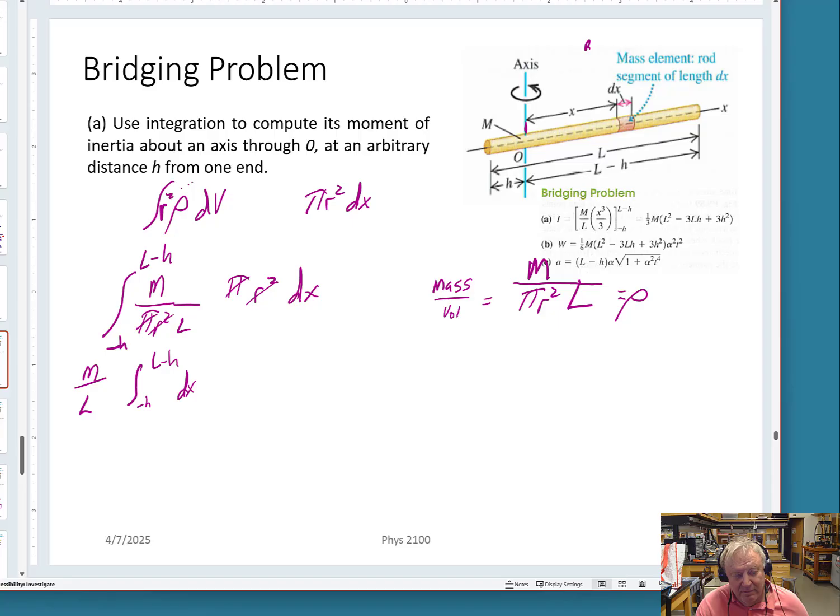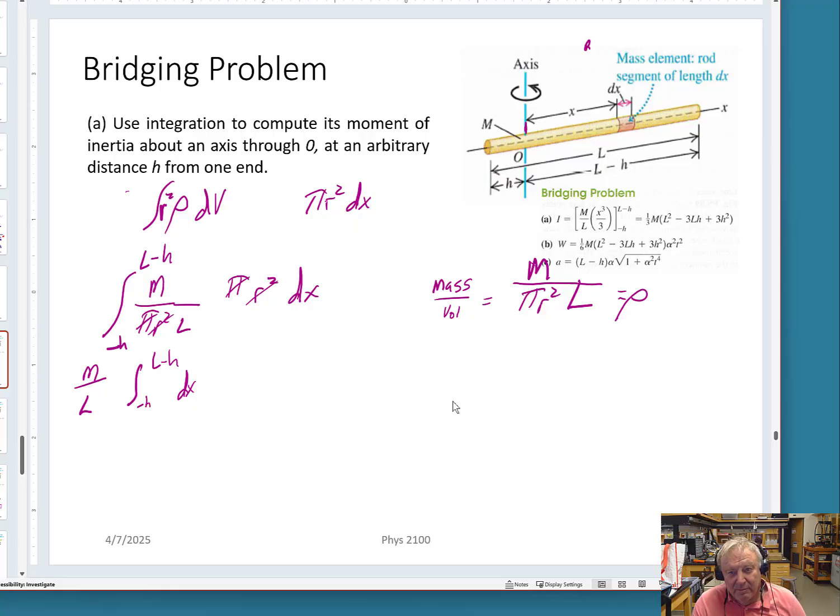R squared rho dV will get me the mass, and I need... oh, I have to be a little careful here.